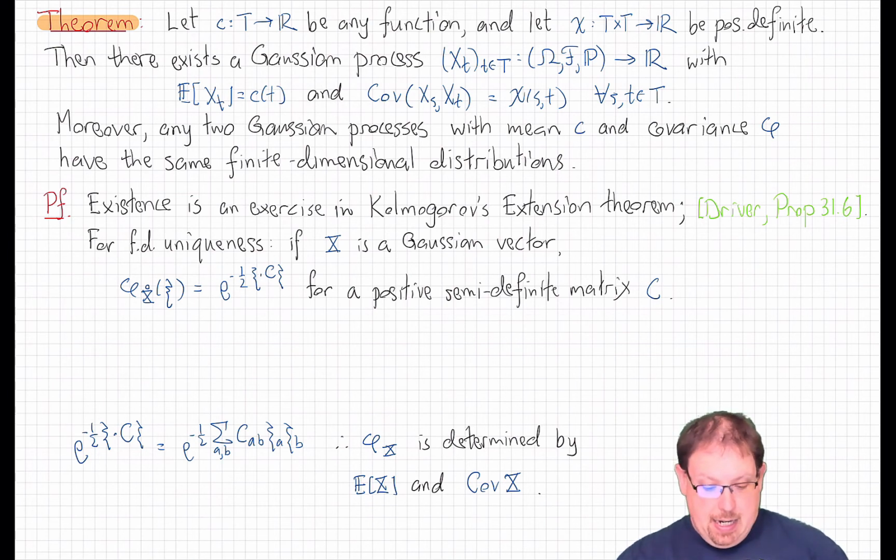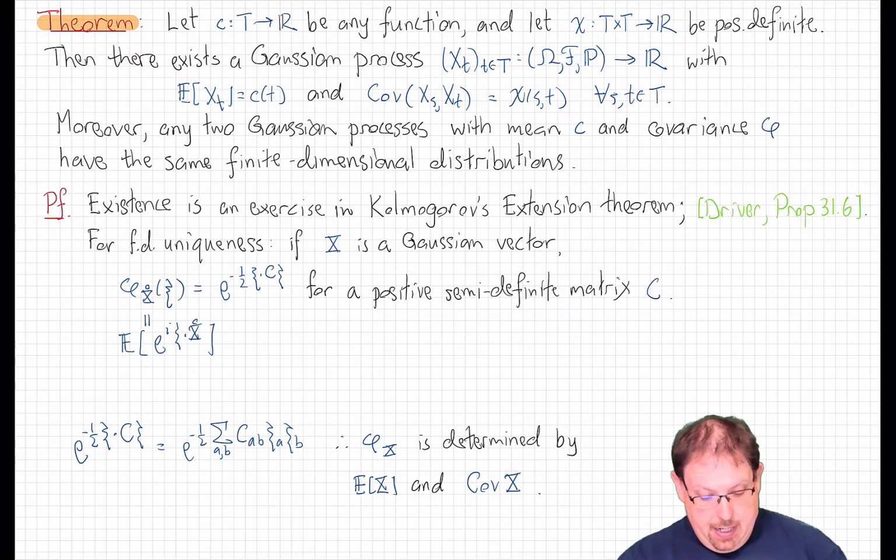First, let's center the vector. Then, being jointly Gaussian means that its characteristic function after centering has this form here for a positive semi-definite matrix C. I claim that that matrix C is the covariance matrix of the vector. Why? Because this is equal to the expected value of e to the i c dotted with x centered.